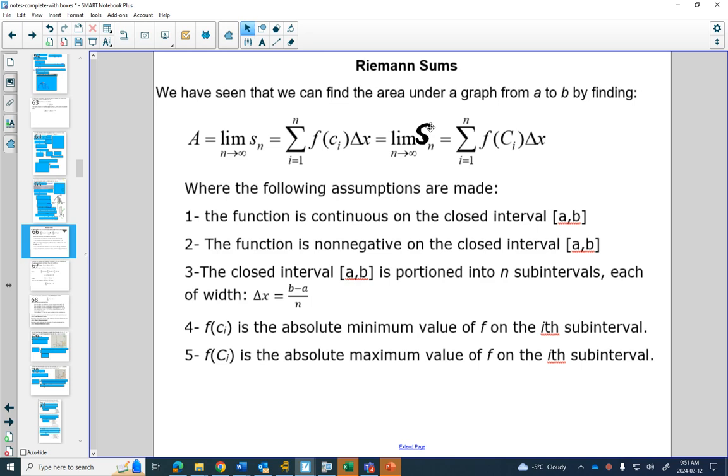And we divided our interval into n sub-intervals so that we could figure out the change in x is whatever the distance was between a and b divided by n.